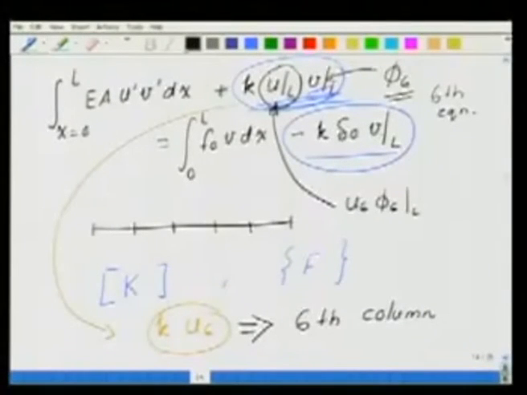Now this term looks very much like what we have handled as far as the load is concerned. This is very easy because v at L is only non-zero for phi 6. So, this minus k delta 0 goes to the 6th load vector.